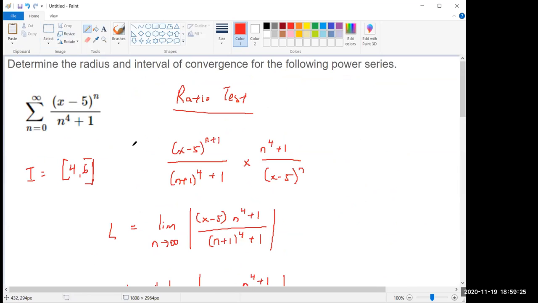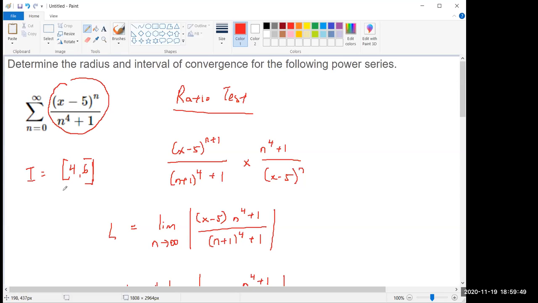Also, notice something. Do you guys see what the center is for this power series? It's 5, right? So notice how the interval of convergence is always symmetric about the center. So it goes from 4 to 6, which is symmetric about 5. And we also said that it's always going to be convergent when x is the center, when it's at 5, which is included inside.